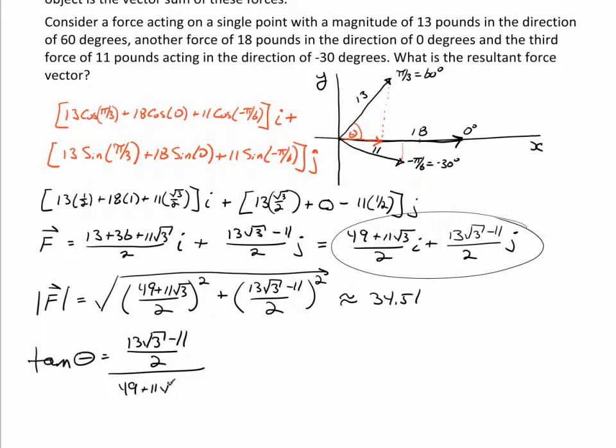Obviously the 2's are going to cancel, which gives me 13 root 3 minus 11 over 49 plus 11 root 3. If I grab a calculator, this would be approximately 0.16923. So that's the tangent of the angle.